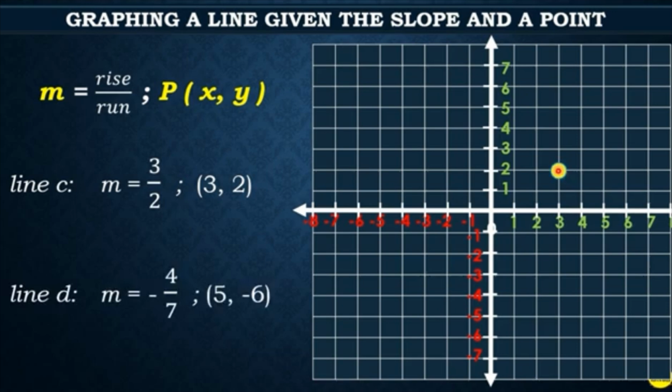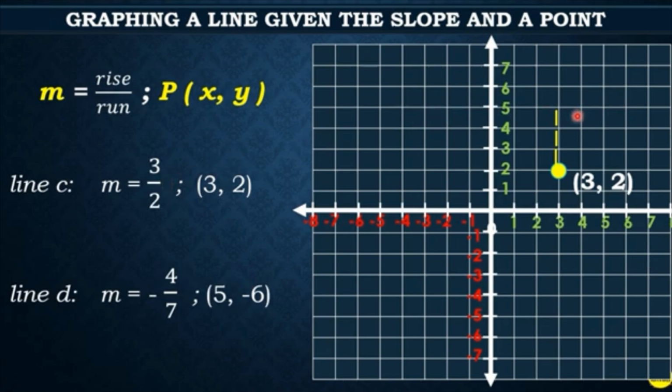And then, after plotting your point, move na natin yung rise over run. So, your rise is 3. Move tayo ng 3 beses. 1, 2, 3. Okay? So, this is your point 3, 2. From here, saan tayo pupunta? Right or left? Asan ang run natin? Going to the right or moving to the left? Yes, it's going to the right because our slope is positive.